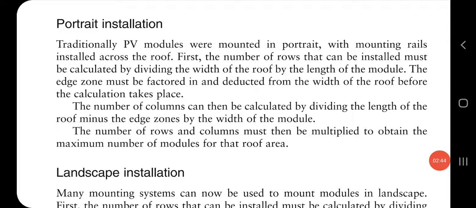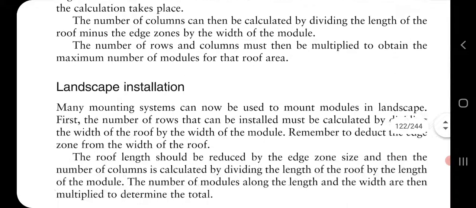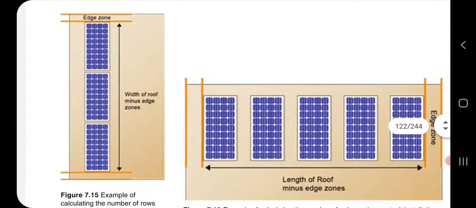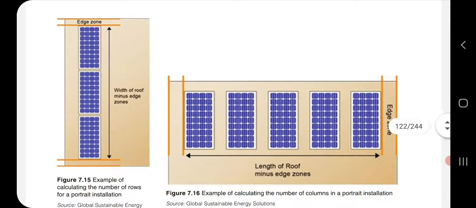There are two methods of installation: one is the portrait method, and another is the landscape installation method. If you see this, they calculate the length and the width. In the portrait method, they calculate the width of the roof minus the edge zone or small zone.